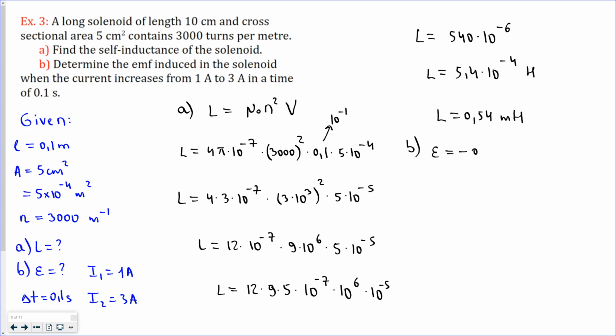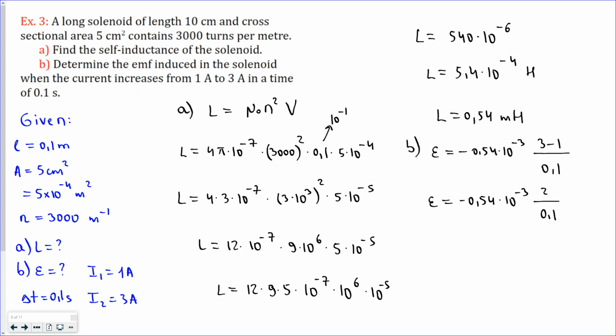This is minus 0.54 times 10 to the minus 3. This is the inductance. And the changing current, it's 3 minus 1. The interval of time is 0.1. And what do we have? Minus 0.54 times 10 to the minus 3 times 2 over 0.1.